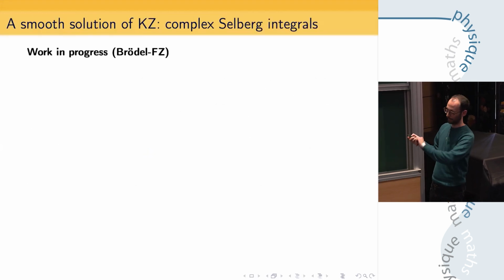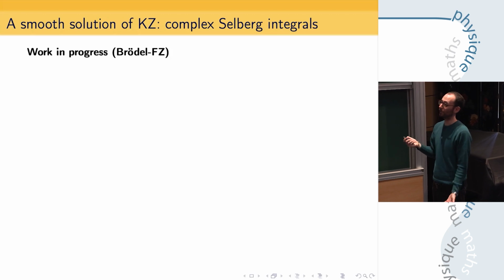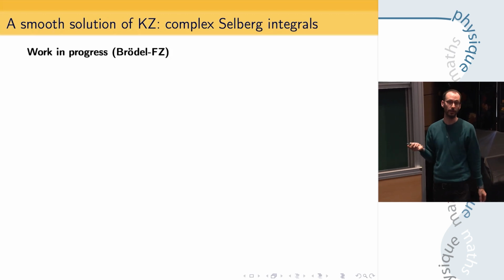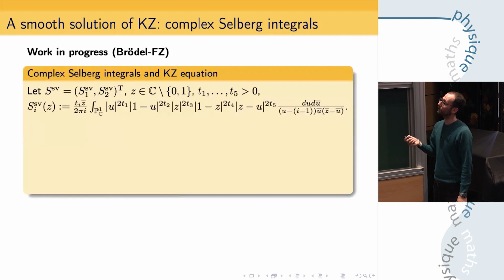Okay, then very briefly, let me mention that this kind of argument can be used, and this is work in progress with Johannes Broedel, to do exactly the same thing with the closed string case. So you cook up the correct complex Selberg integrals, which are very much like the integrals that Pierre mentioned this morning. So you have this extra puncture z.